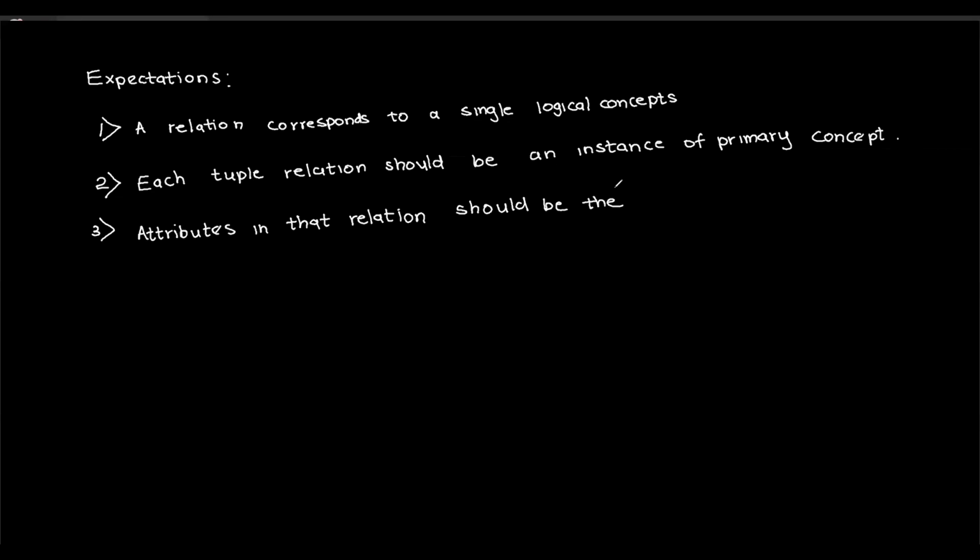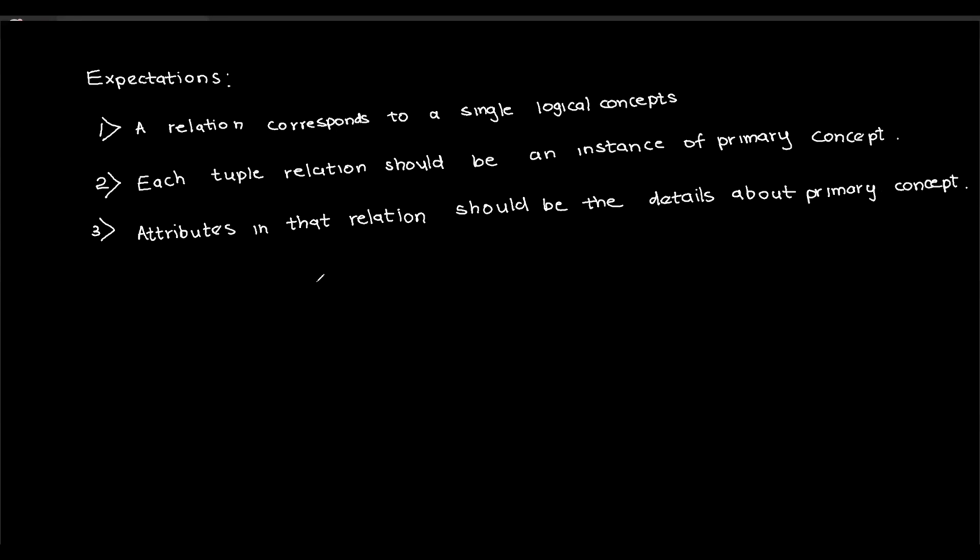So that's what we are doing here. Attributes in that relation should be the details about the primary concept, or you can say the entity type or the relationship type. So these are the expectations.